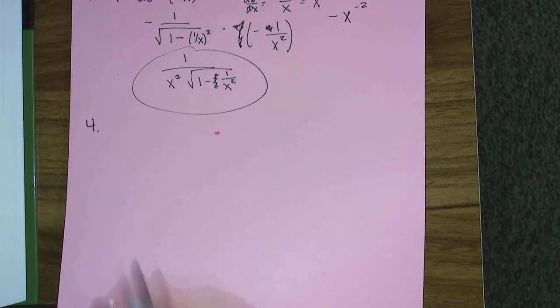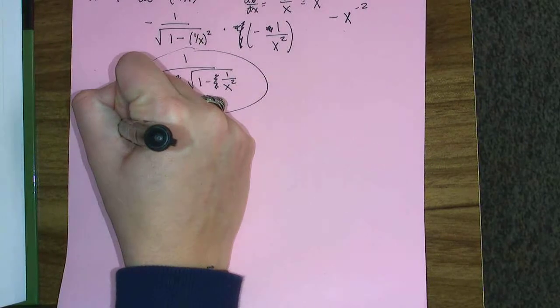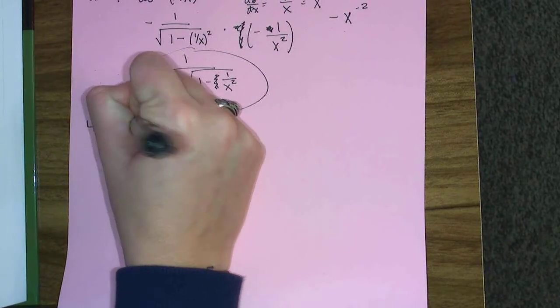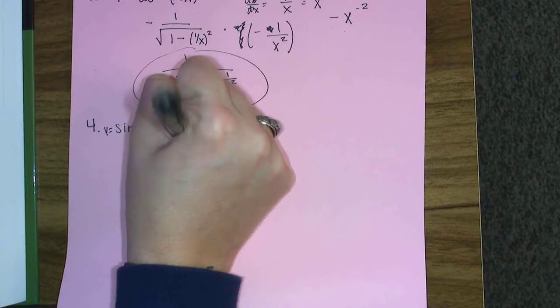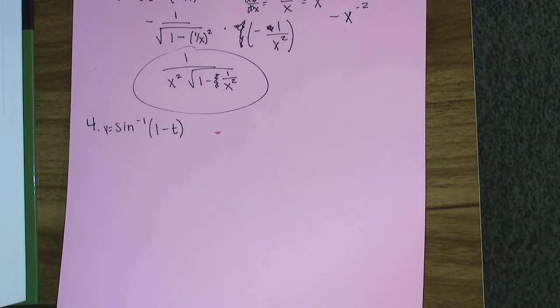Alright, so 4 is the arc sine of 1 minus t. So what is my derivative of arc sine?